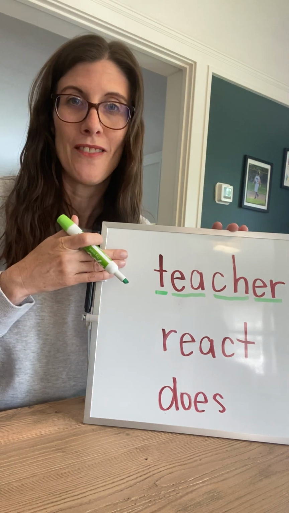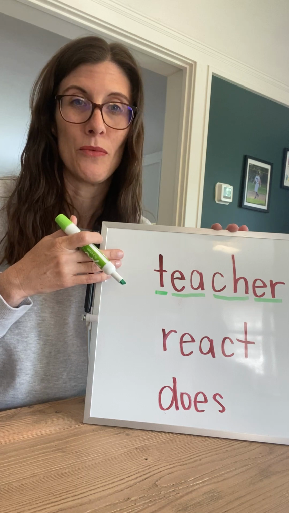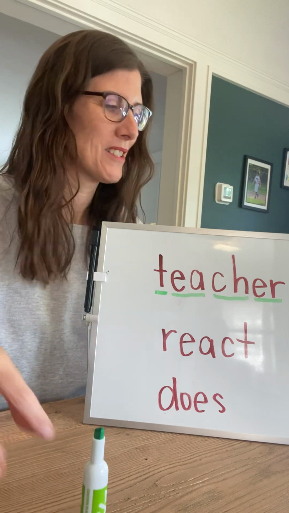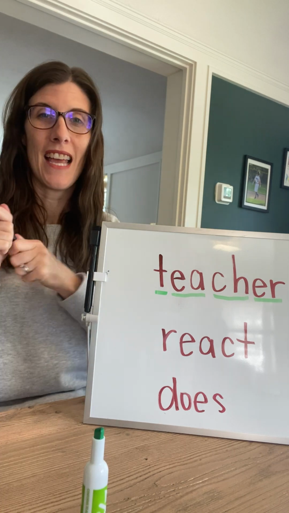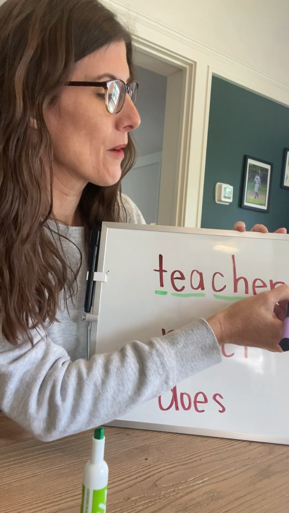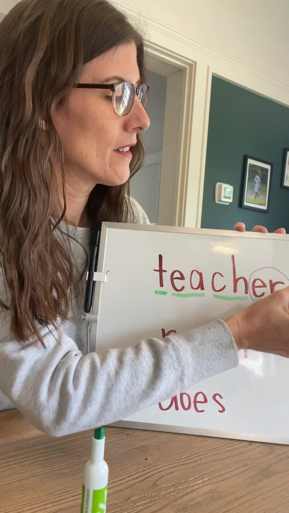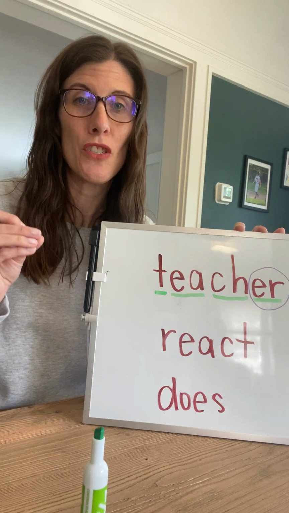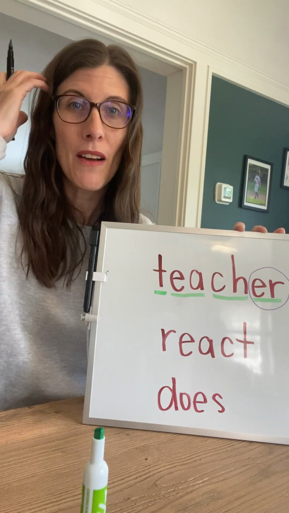This works just fine for being able to read and spell the word, but I still want to point out every time to my students if there are any morphological features to point out. So I want to point out that ER is a suffix in this word. ER can also just be a grapheme that represents a sound.